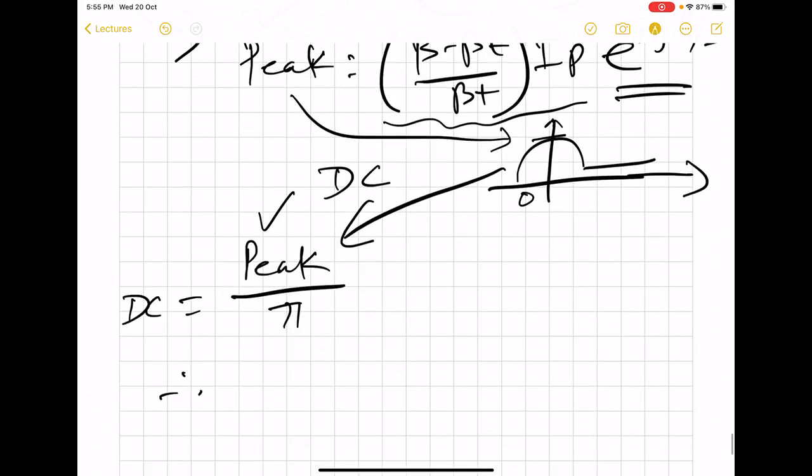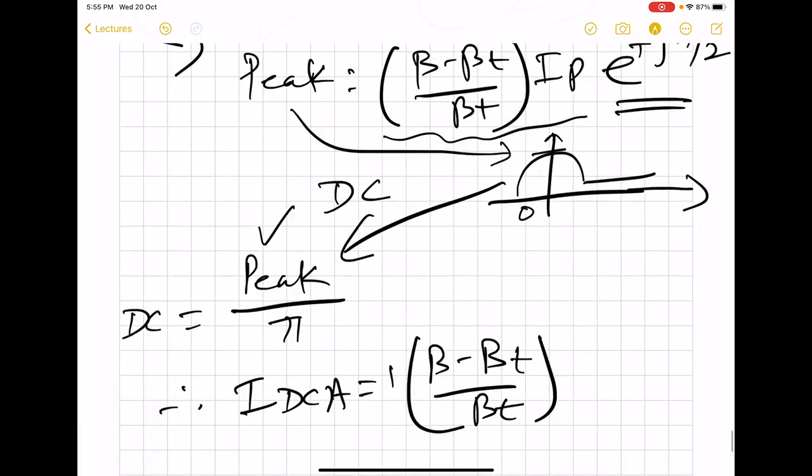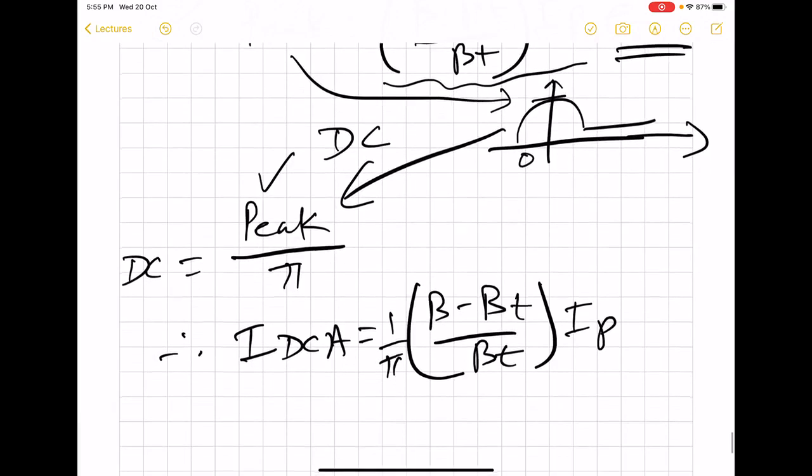So therefore, the IDC of the auxiliary is beta minus beta T by beta T. Of course, 1 by pi will be here. IP, like this. And DC has no phase, so this is going to be the DC part of the auxiliary power amplifier.